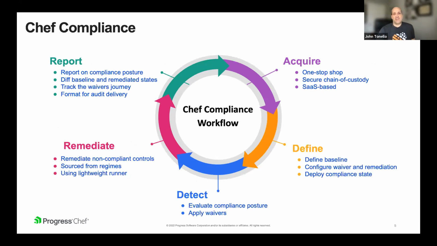So in looking at this is Chef compliance, where we're really starting at the acquire on the top right and going around the circle. So you're basically setting up your environment, you're defining your code, you're detecting.